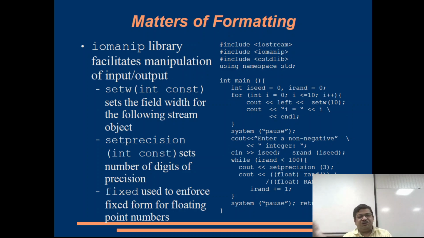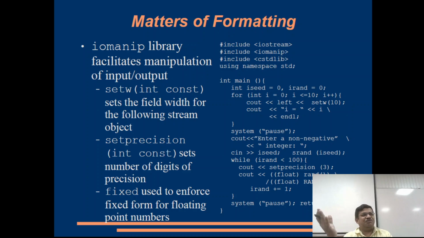Right? So if you want to suppress that scientific notation, you want the fixed format notation, then this fixed has to go. For example, if I wish to print, 3.14159 is not the right example, maybe pi by 10, if I don't say fixed, then it would be printed as 3.1415 multiplied by e minus 1.